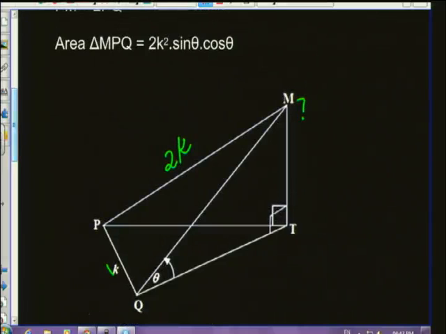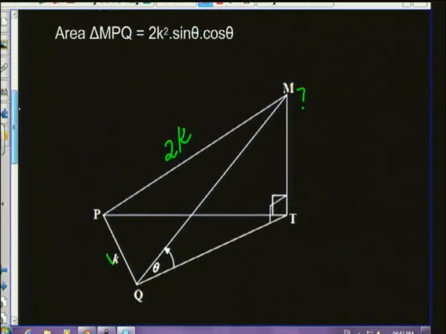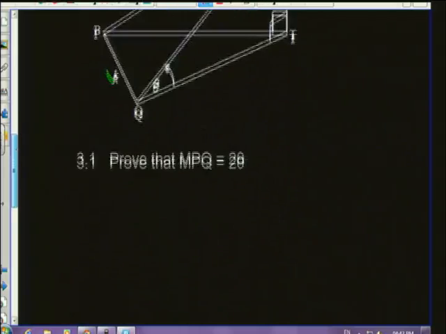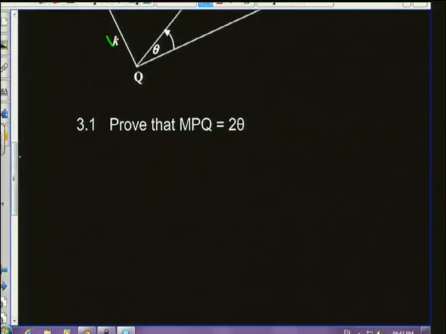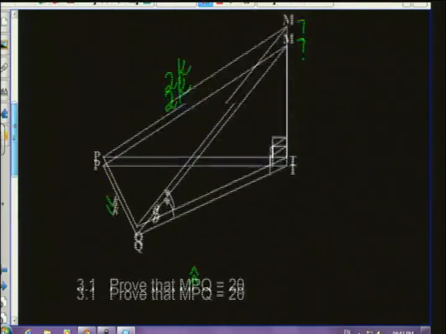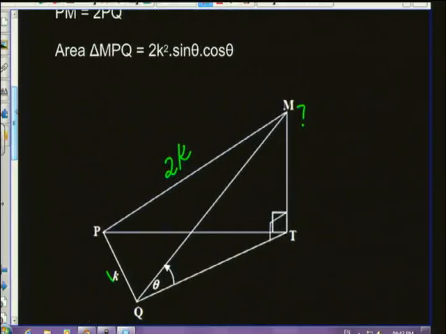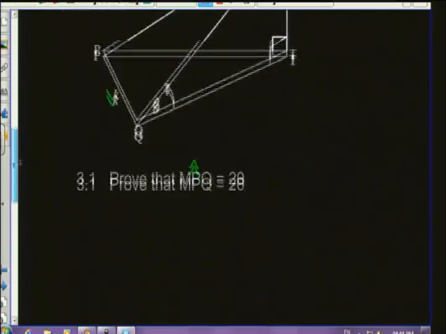Now, the area of triangle MPQ is 2K squared sine theta times cos theta. So they've given us the area. The first question says, prove that angle MPQ equals 2 theta. Let's write the formula for the area.